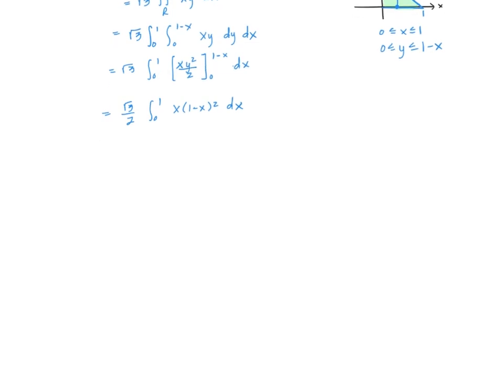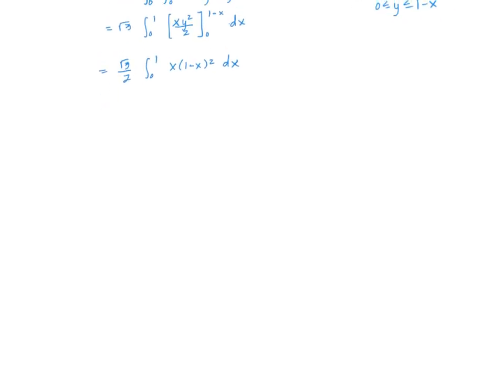At this point, I would simply multiply out the 1 minus x squared and distribute the x. So again, double check me because I'm doing this in my head. I think it is x minus 2x squared plus x to the third.